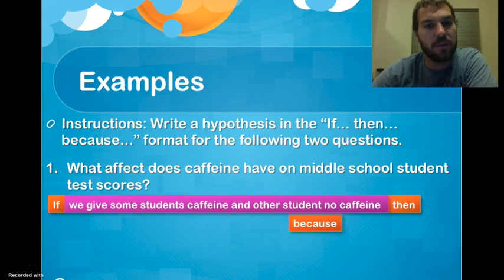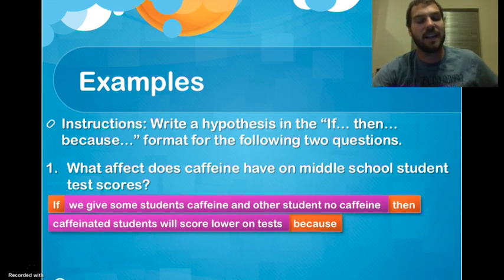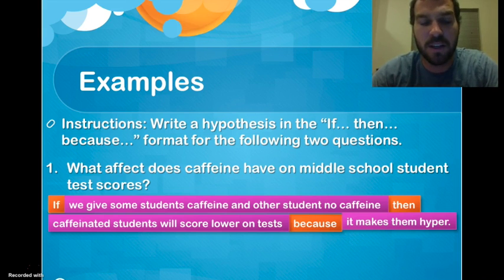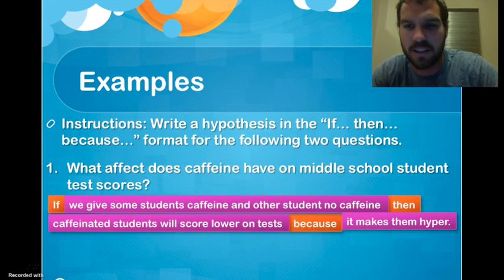If we give some students caffeine and other students no caffeine, then caffeinated students will score lower on tests because it makes them hyper. Okay, so if my plan, we give some students caffeine, we give others no caffeine. Then, well, what's my prediction? Then caffeinated students will score lower on tests because, well, why do I think this? Caffeine makes them hyper. That's my prediction.